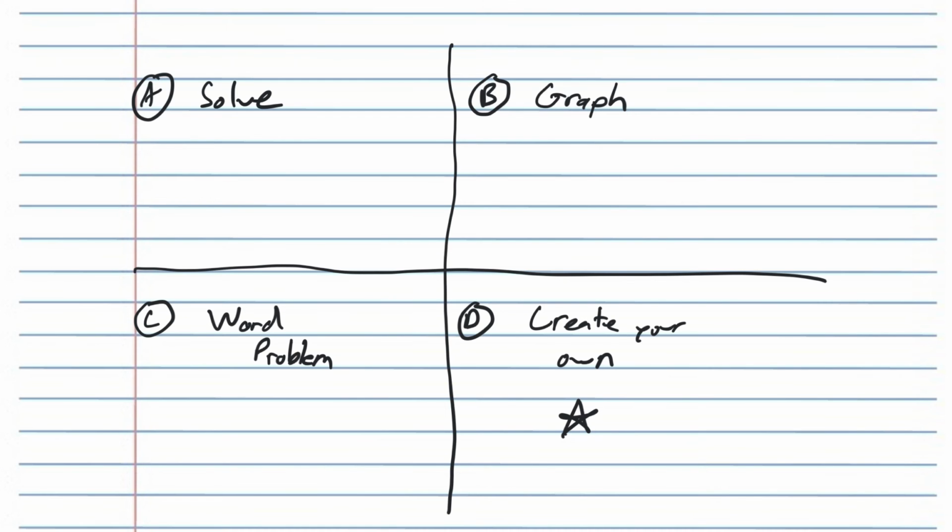If you can come up with your own question that makes sense, that shows that you know exactly what's going on. Okay. So in fact, the test we'll have for this little half unit will be essentially this. I'll give you one question, or maybe two separate questions, but they'll ask you to solve it, graph it, do a word problem, and maybe create something on your own.